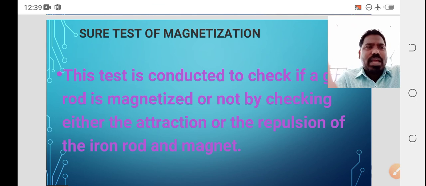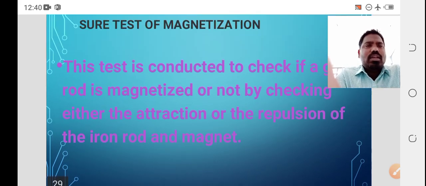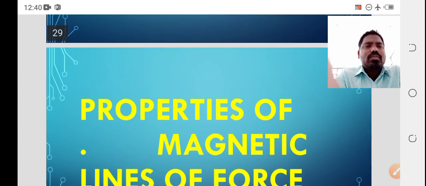It may show attraction or repulsion. If it shows attractive or repulsive nature, then it is magnetized. Otherwise, we can say it is not magnetized.